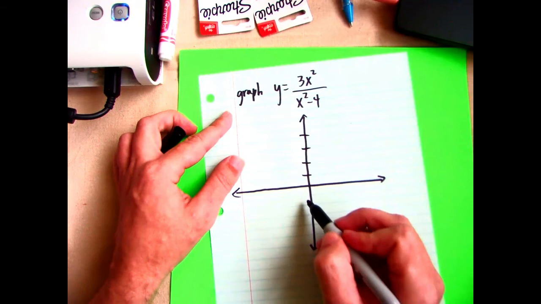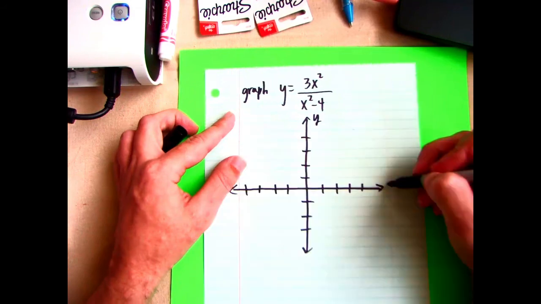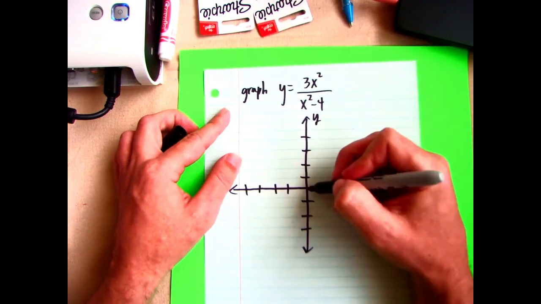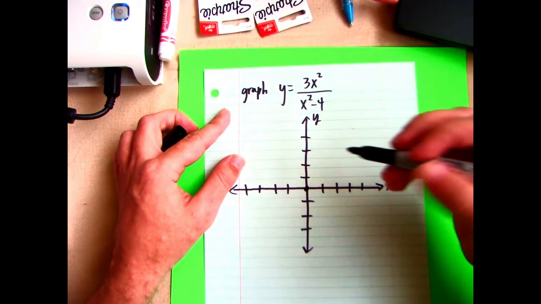From step 2, our vertical asymptotes were at x equals 2 and x equals -2. So we actually have 2 vertical asymptotes, 2 vertical lines that the graph will not touch.